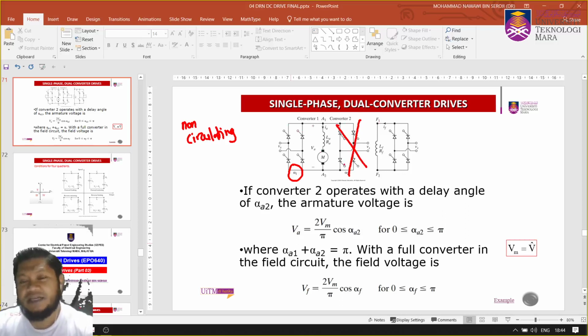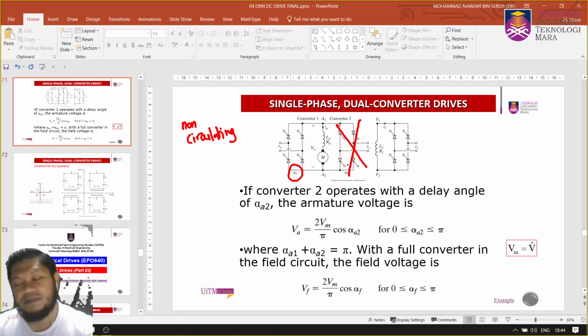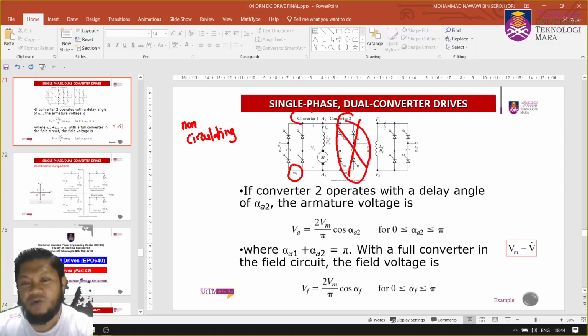The firing angle control circuit is quite a complex circuit actually. So it will not trigger when converter 1 works. This is only for non-circulating current operation.